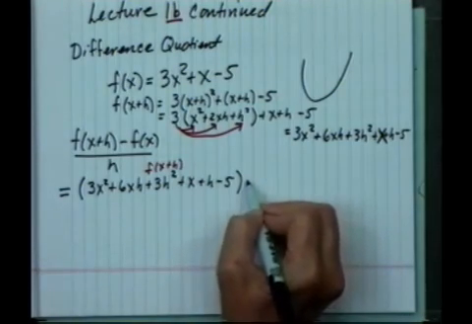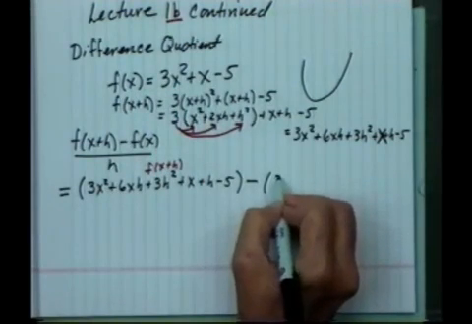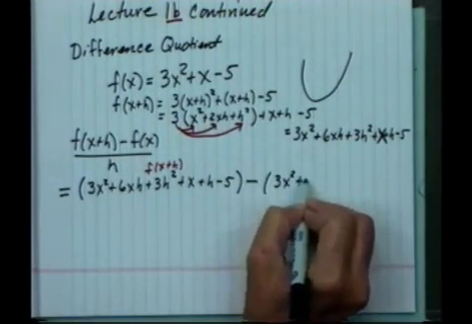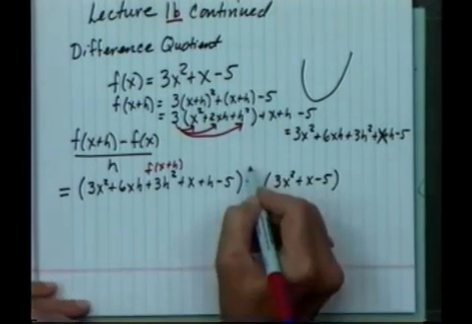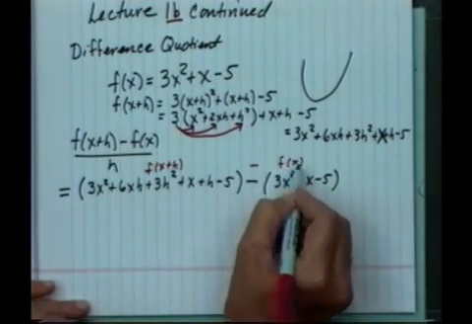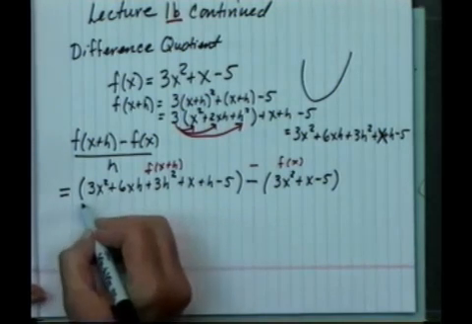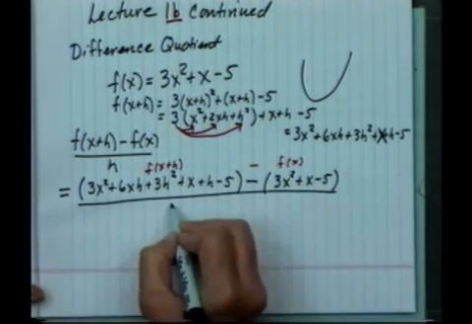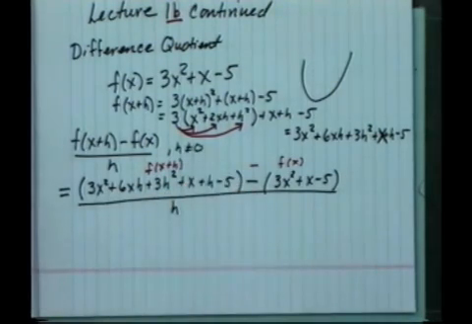Then we subtract our original function, which is 3x squared plus x minus 5, and we divide this by h. Remember, h is not equal to 0. H can't be equal to 0.